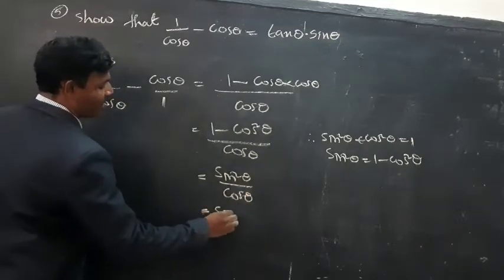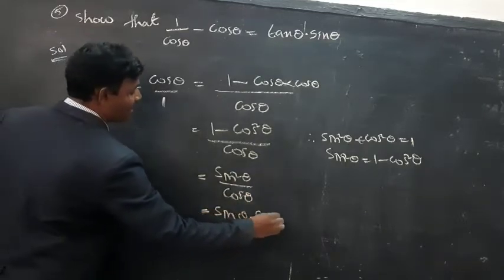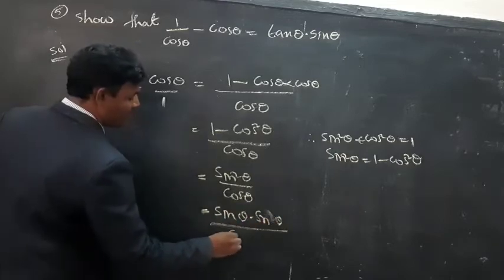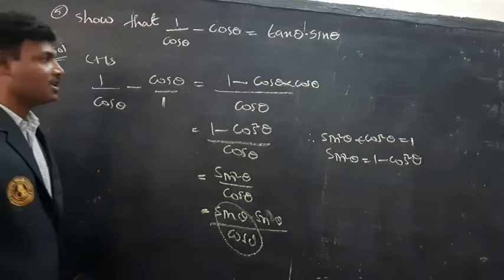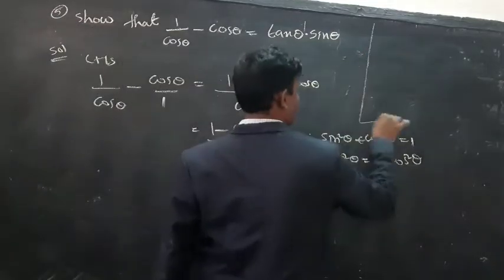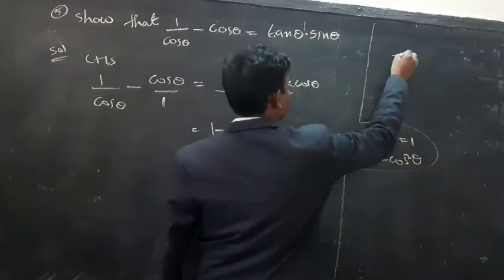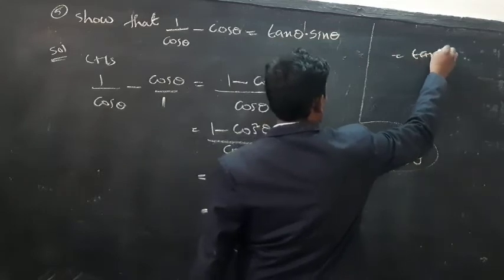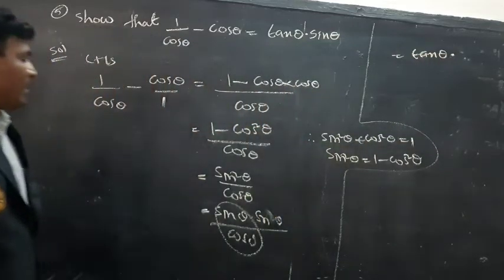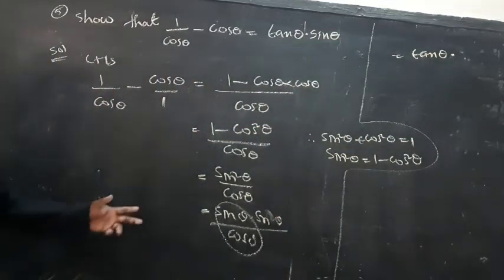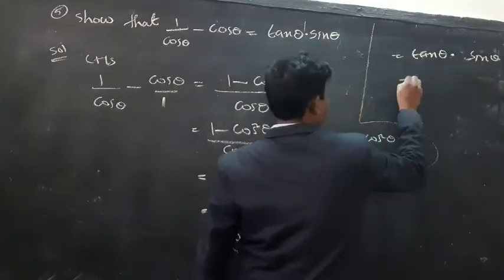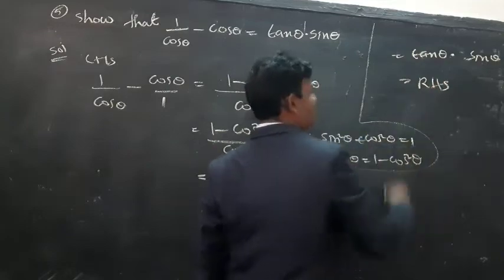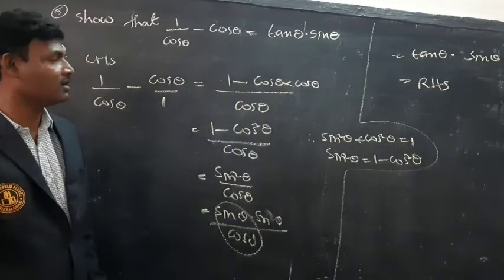Sin square theta we can write as sin theta into sin theta by cos theta. Sin theta by cos theta we can write as tan theta, so it is tan theta into sin theta, which is equal to RHS. The value of LHS is equal to RHS.